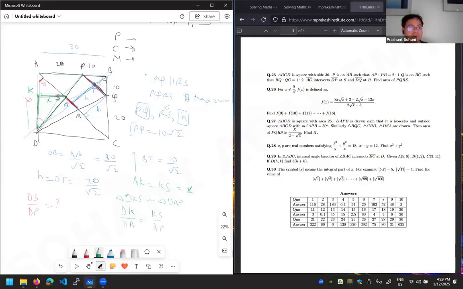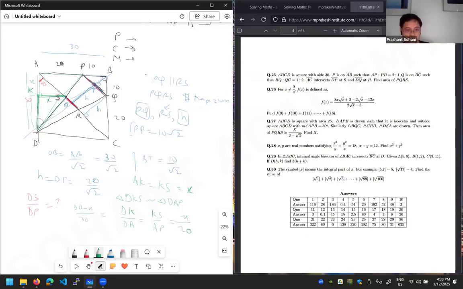And now I can solve this to get the value of X. So DK is what? 30 minus X. This is my X, so DK is 30 minus X. So this is 30 minus X upon 30 and KS is X upon 20. So I can solve and get the value of X.